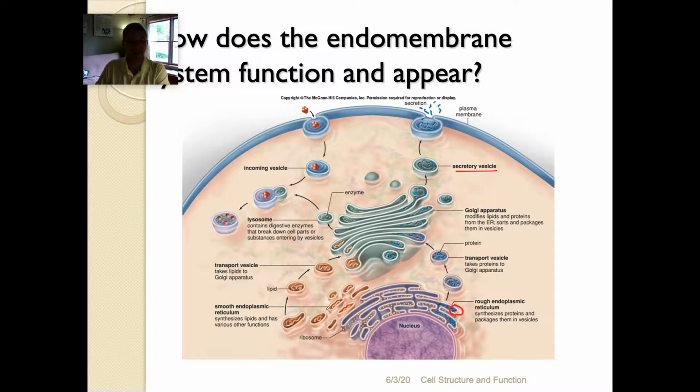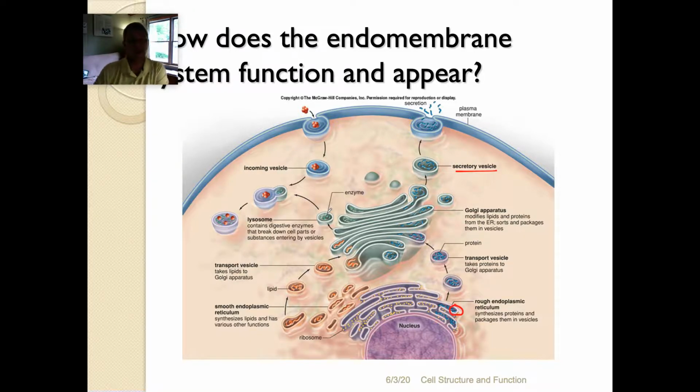The same thing is going on in this picture, but over here is the smooth ER. And instead of producing proteins, we're producing lipids. They're packaged into small vesicles, which again go up to the Golgi bodies, where they're repackaged and attached to a shipping label and then sent off into wherever their destination happens to be.